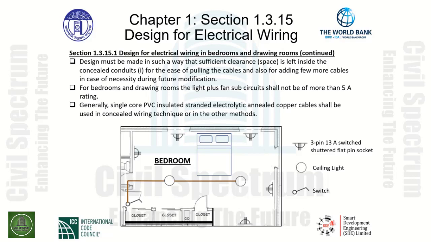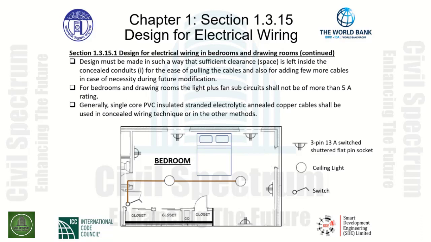As we can see, we have a bedroom that has been laid out with a light switch at the room entry door. The switch controls 2 ceiling lights as designed for this room. Additionally, we have 3-pin 13 amp switch shuttered flat pin sockets located around the room as indicated.